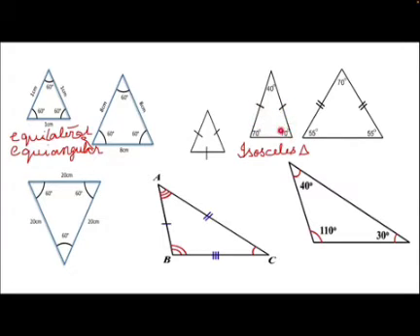So this angle and this angle will be equal to each other. That is one more property of an isosceles triangle. Obviously, since this side is unequal, the opposite angle will also be different. I hope I made that clear.